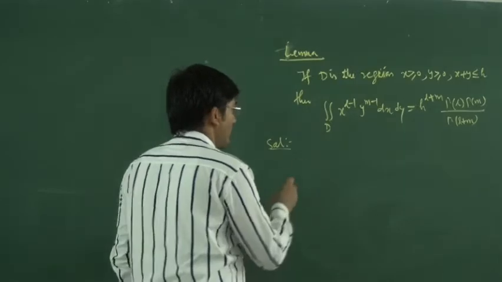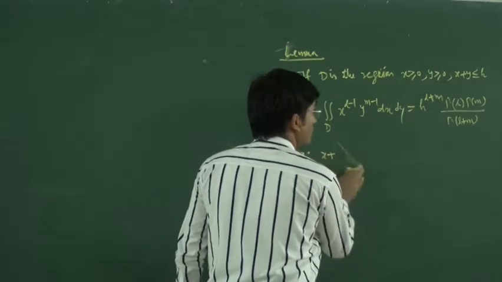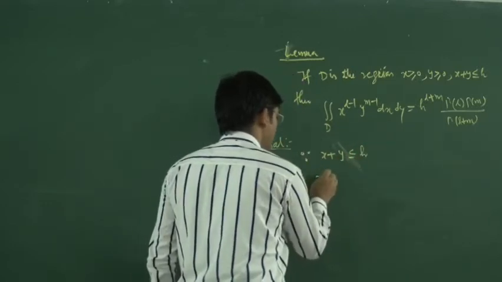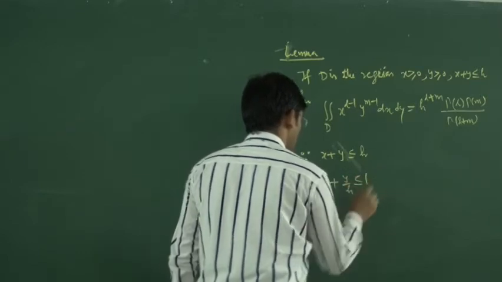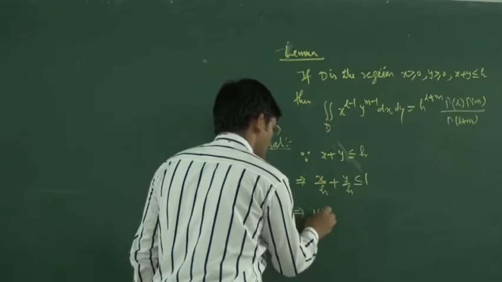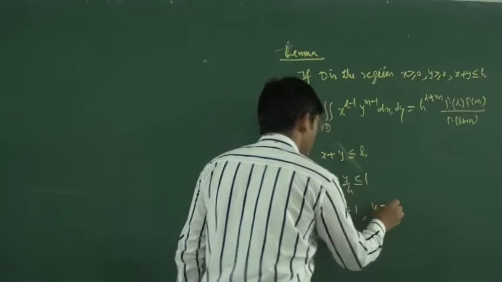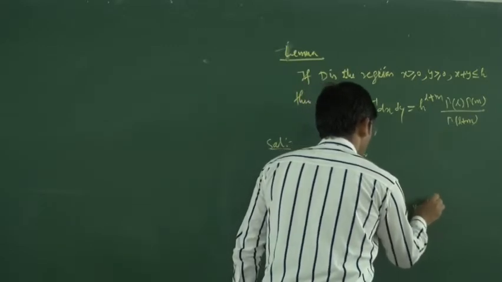So solution, because x plus y is less than or equal to h, let us divide by h. So we have this equation, and if you assume x upon h as u, then we will have u plus v less than or equal to 1. So we have u equal to x upon h and v equal to y upon h.